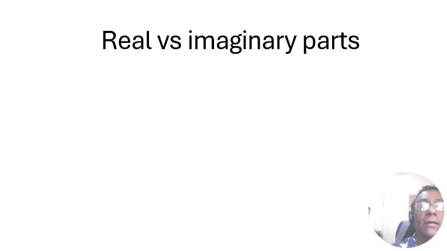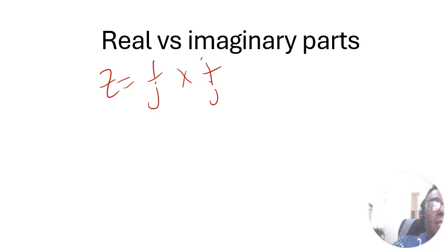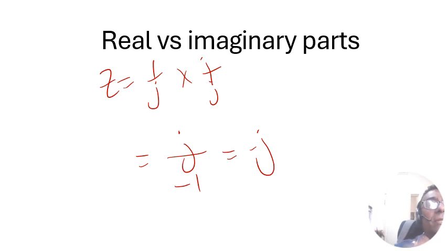Alrighty, so now again, real and imaginary parts. Okay, let's go with the 1 over j. So z is equal to 1 over j. We said, well, let's multiply that by j over j. So j times 1 at the top becomes j. Be careful, j times j at the bottom becomes -1. So this is nothing more than minus j.